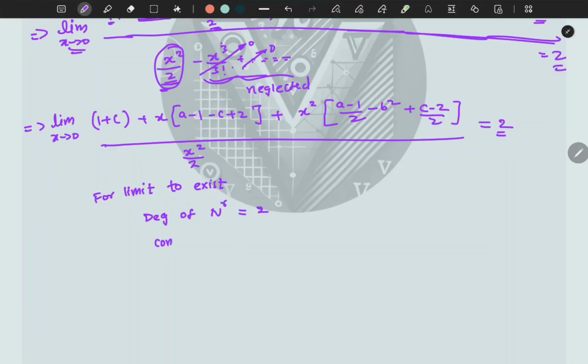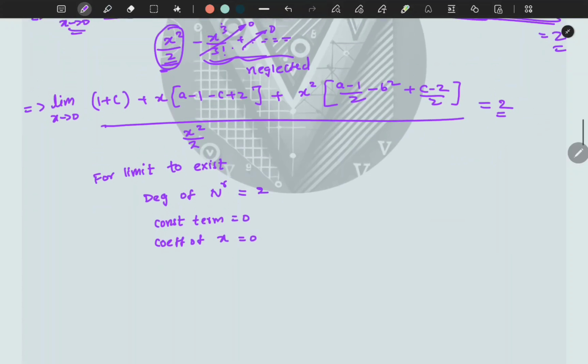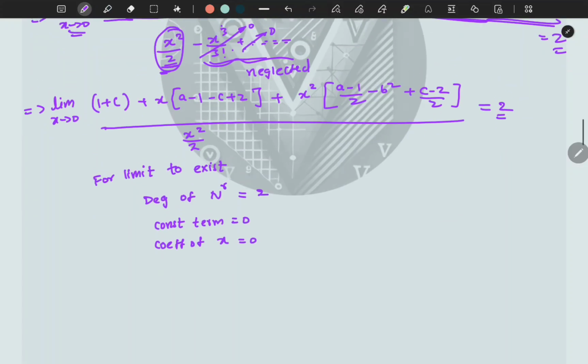That means the constant term in the numerator should be 0, and the coefficient of x also should be 0, right? Correct? And the coefficient of x square should be equal to 2. Is that clear?